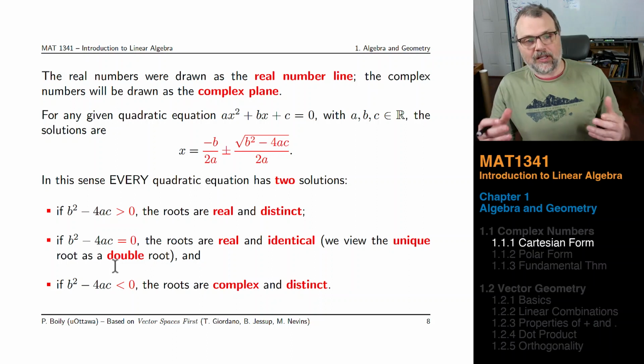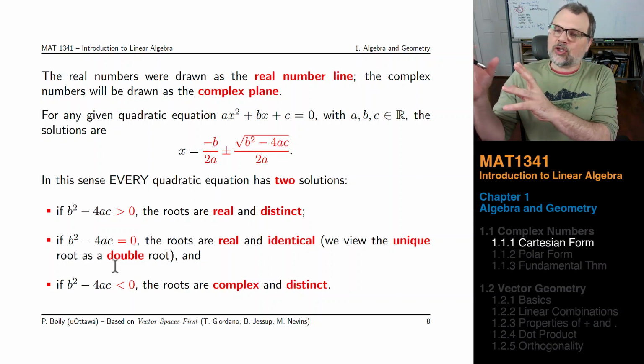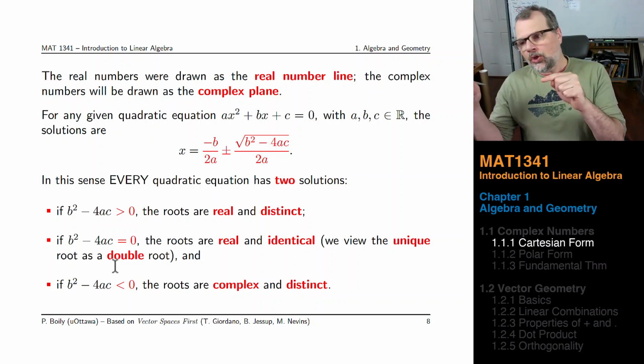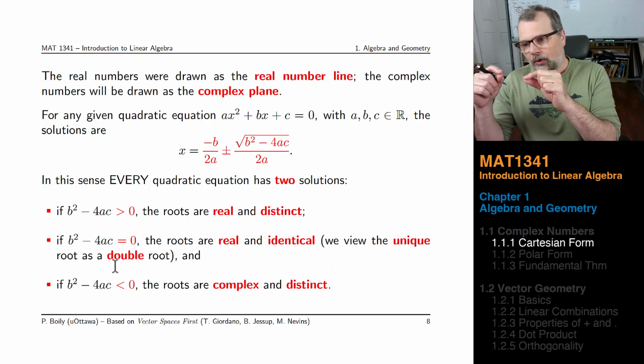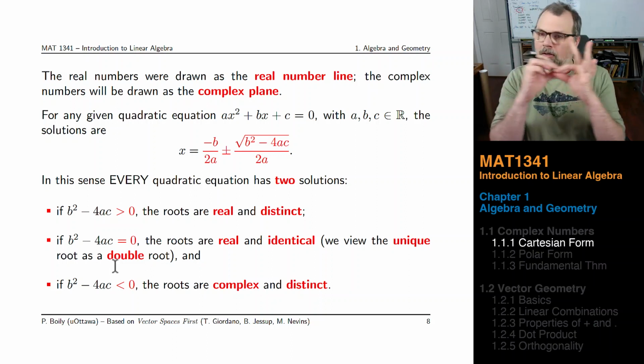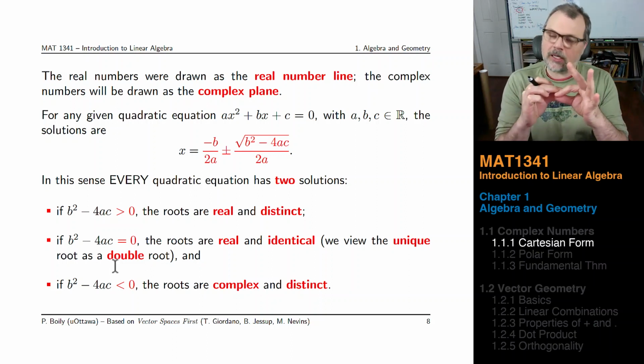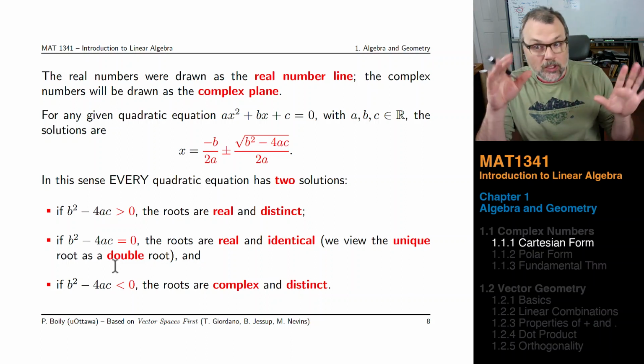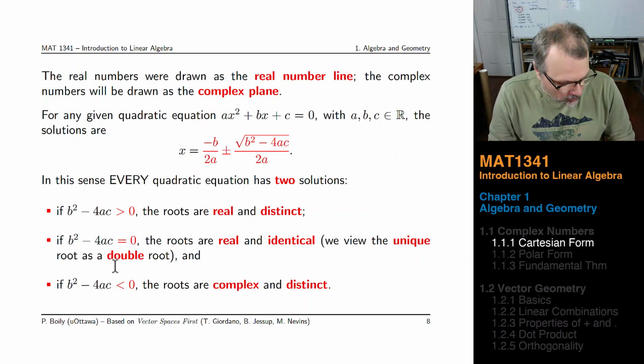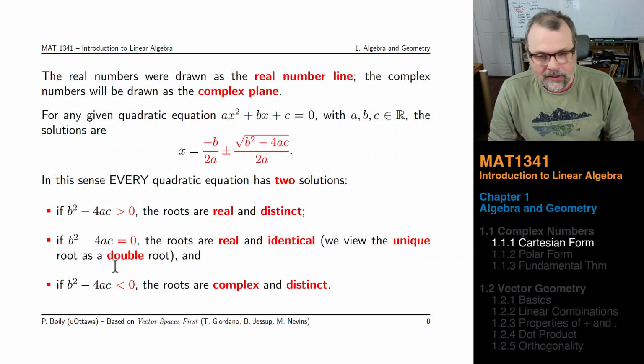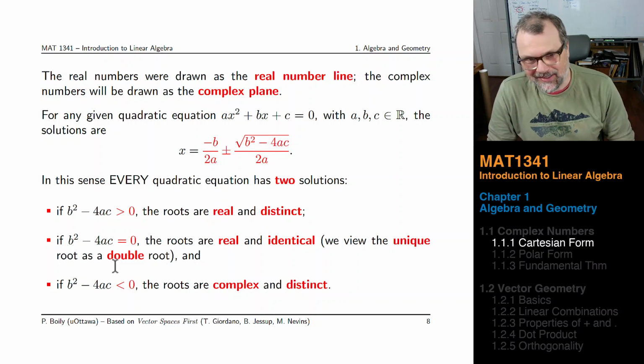What's happening here is that as the discriminant gets smaller and smaller, the roots get closer and closer until they are right atop one another, and then after that they disappear and go into the complex world. It's still two roots from our perspective, but they're not always going to be distinct. Two roots can be the same.